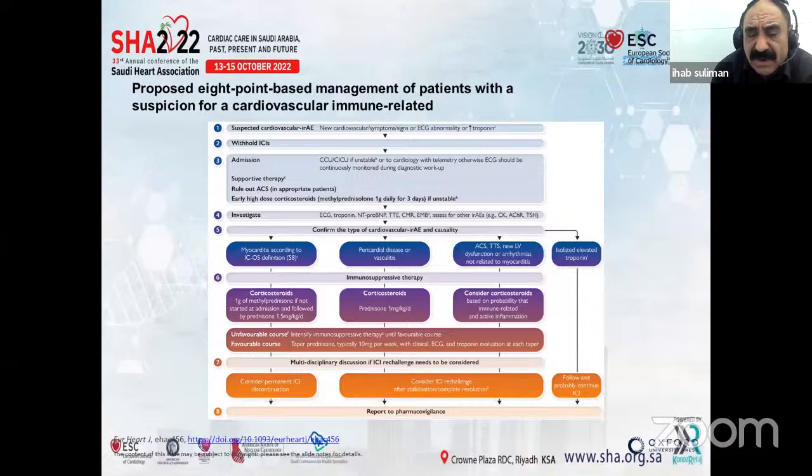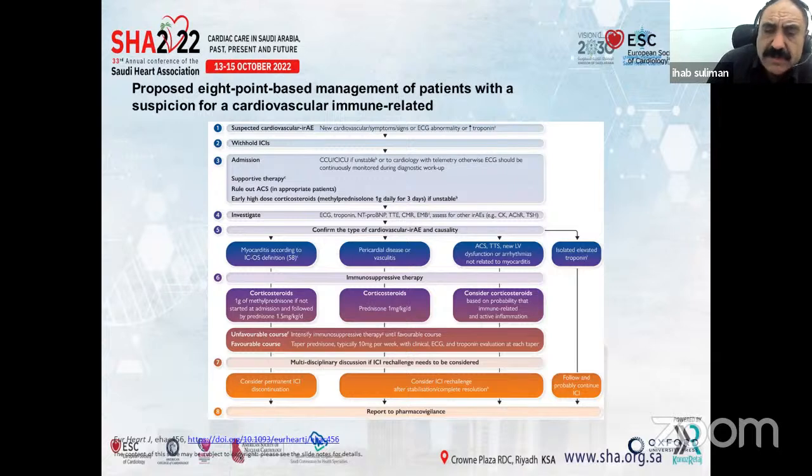We will show you how the European Society of Cardiology proposed to treat myocarditis and other cardiovascular adverse events from immune checkpoint inhibitor related therapy. First of all, stop the immune checkpoint inhibitor therapy, and second, start the patient on high-dose corticosteroid, like 1 gram of methylprednisolone intravenously for 3 days, followed by prednisolone 1.5 milligram per kg per day.